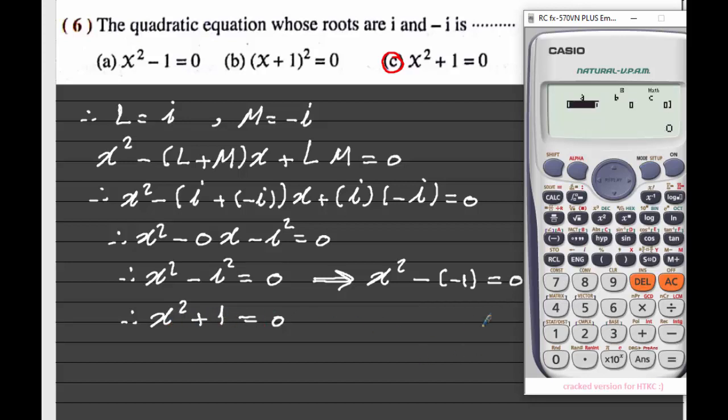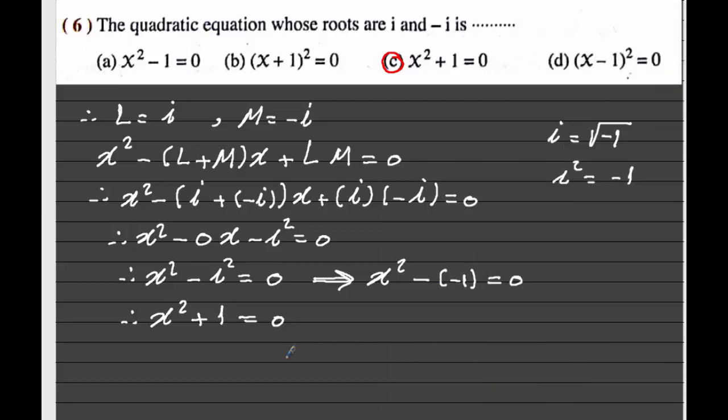We will put A equals 1 and B equals 0 and C equals 1. Here x1 equals i, it is the first root, and the second root will be negative i. So we can say that we got the right solution in C.